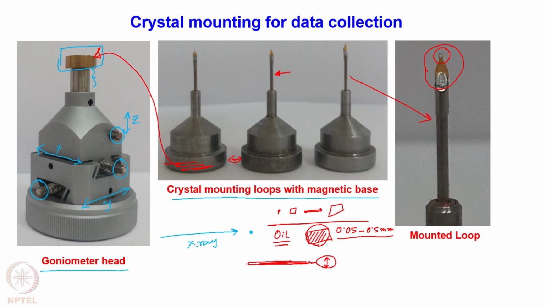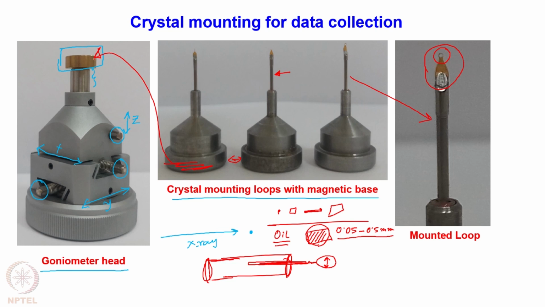So those loops can be mounted on slightly thicker brass pins, and then those brass pins can be mounted on the diffractometer instead of the magnetic base, and one can collect data.